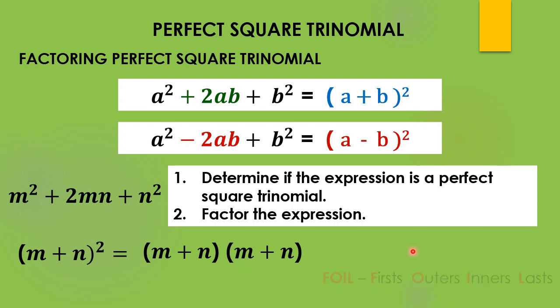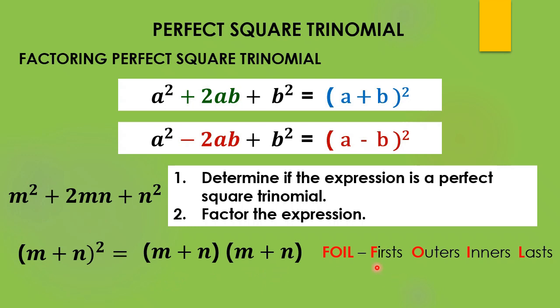So let us use the FOIL technique. What is FOIL? FOIL means first, outers, inners, and lasts. So we're going to use the FOIL technique in multiplying these two binomials.